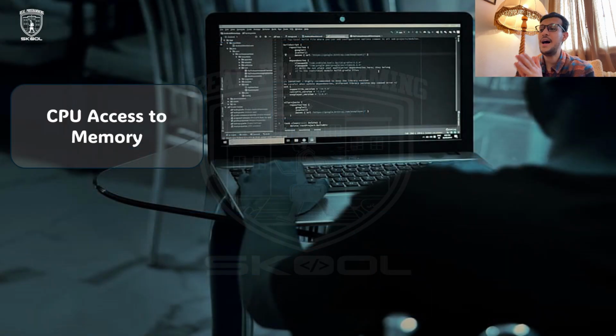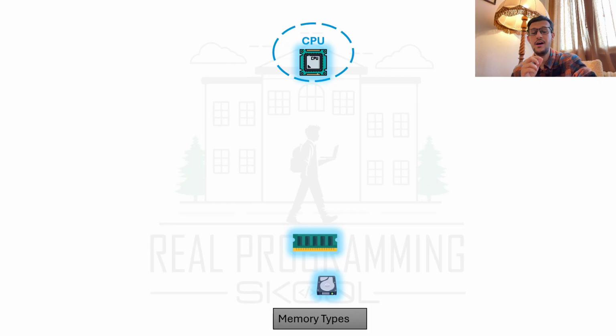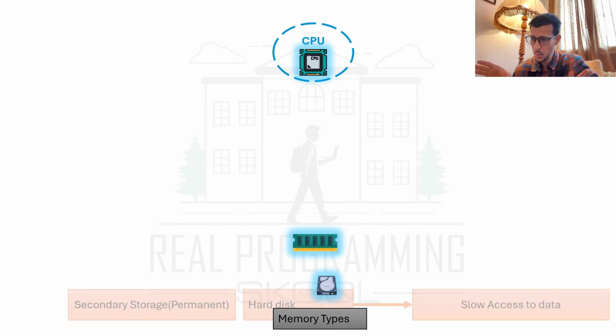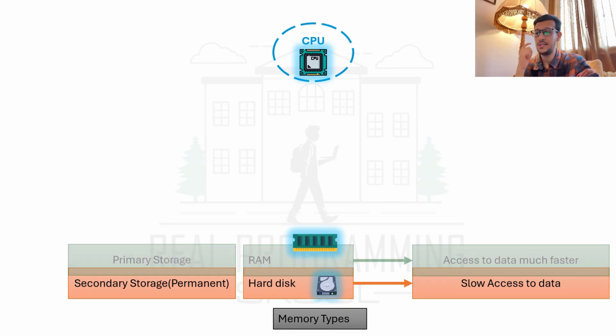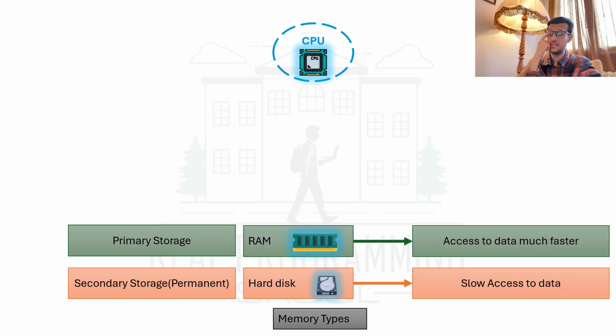How does the CPU access the memory? As you see, we have memory types, and we have the CPU up here. First, secondary storage is permanent, the hard disk. It has slow access to data. If you don't have RAM, which accesses data much faster, the computer will reach the information much more slowly.